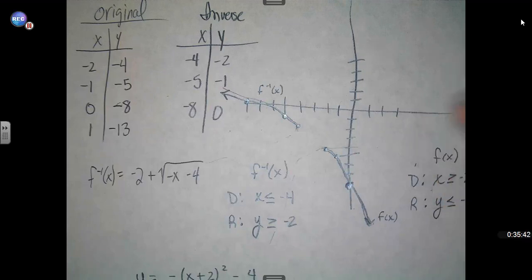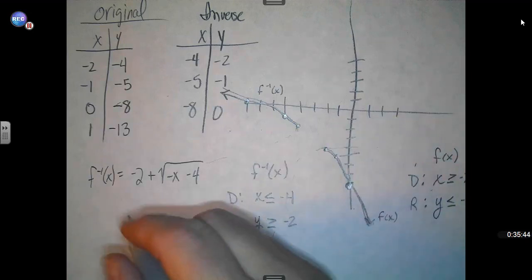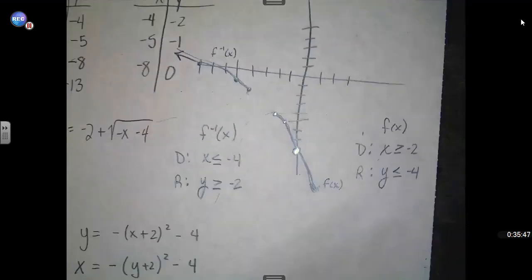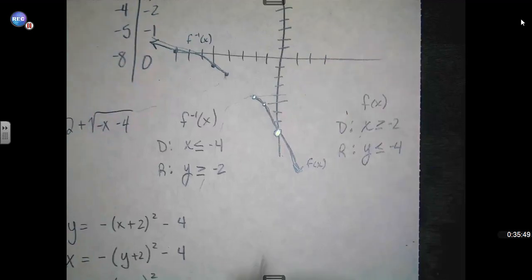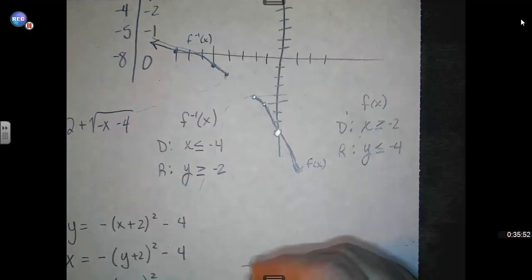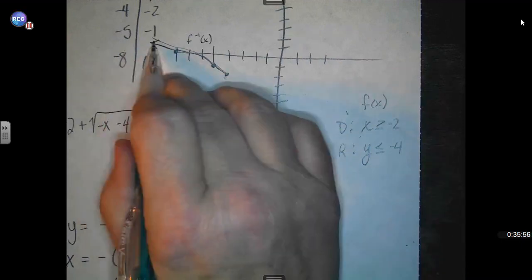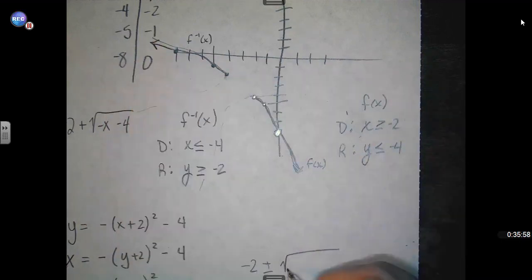We also talked about plugging in a point and determining which one is correct. So if I plug in this point, negative 5, negative 1, it would be negative 2 plus or minus the square root of the opposite of negative 5 minus 4, and I need that to equal negative 1.